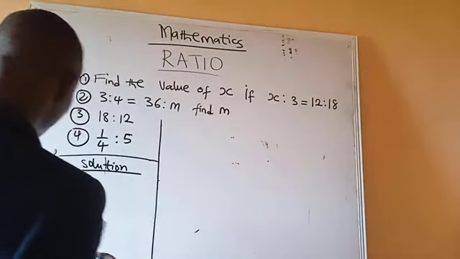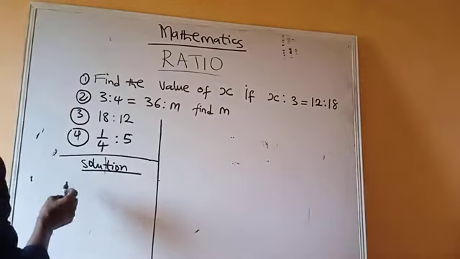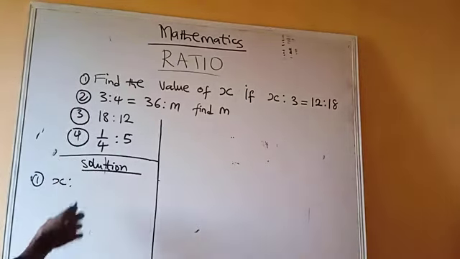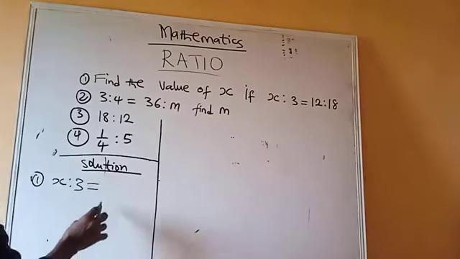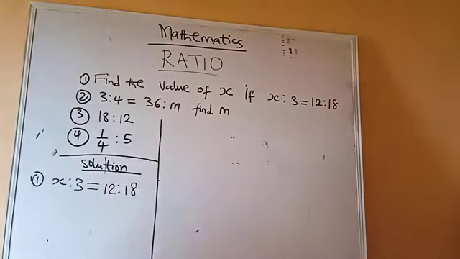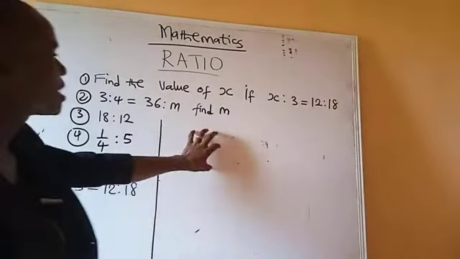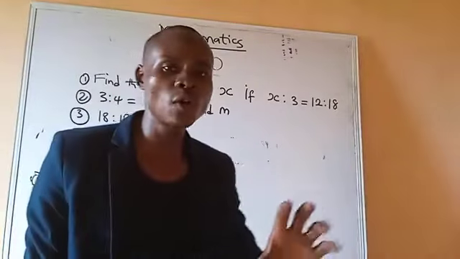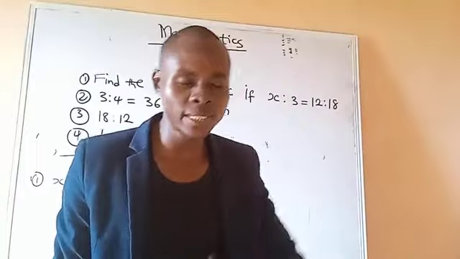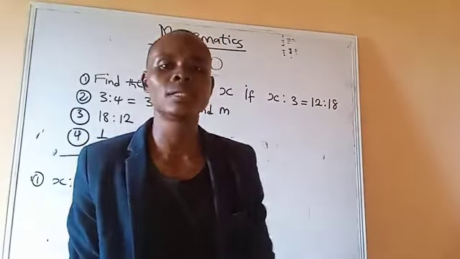Let's give solution to these questions. Question 1. X is to 3 is equal to 12 is to 18. Children, when we are talking about ratio, you'll be seeing some figures. They'll tell you 2 is to 1, 5 is to 13, 10 is to 20.